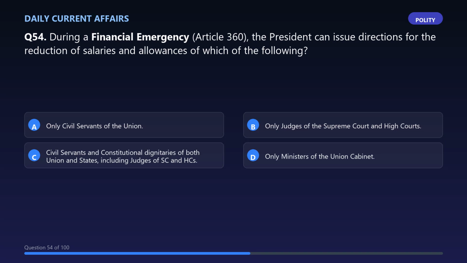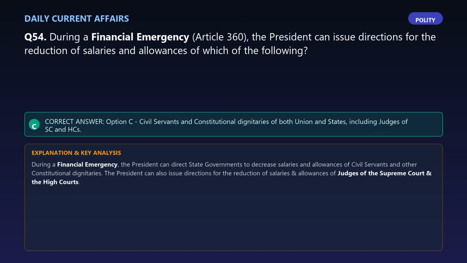Question 54. During a financial emergency, Article 360, the President can issue directions for the reduction of salaries and allowances of which of the following? The correct answer is option C, civil servants and constitutional dignitaries of both Union and states, including judges of SC and HCs.